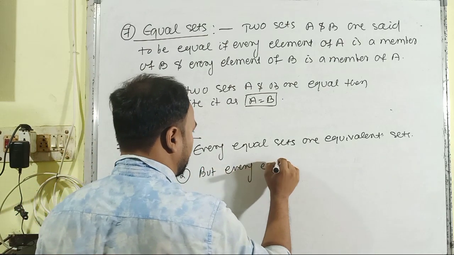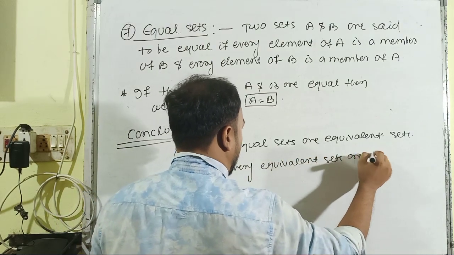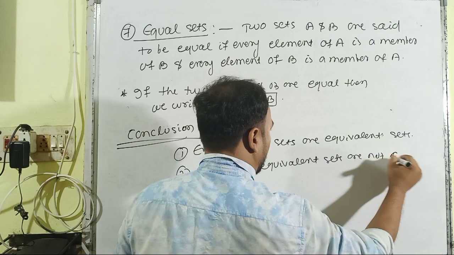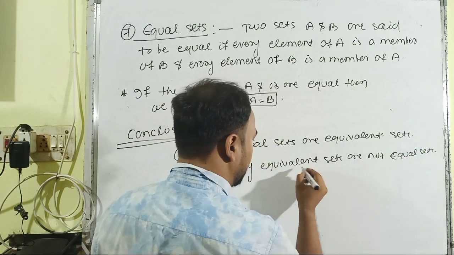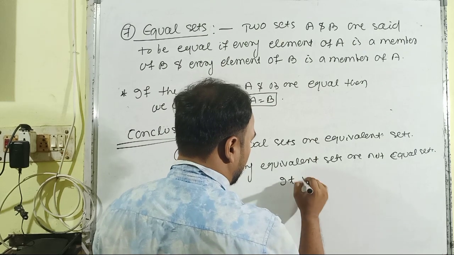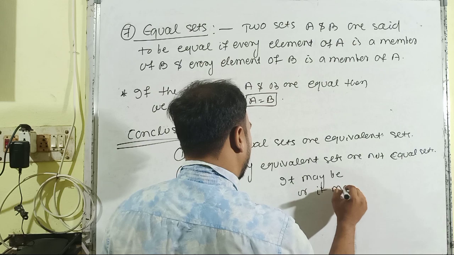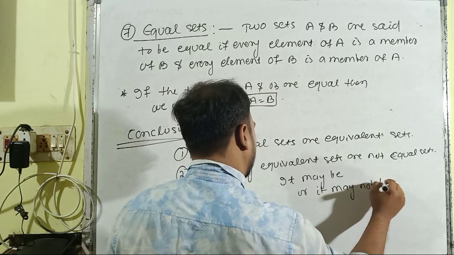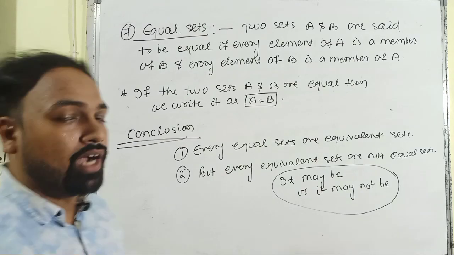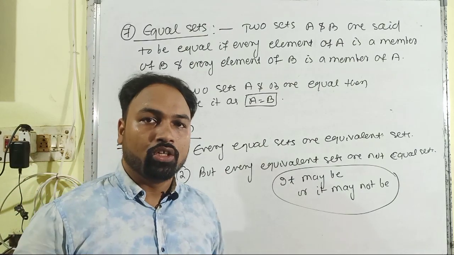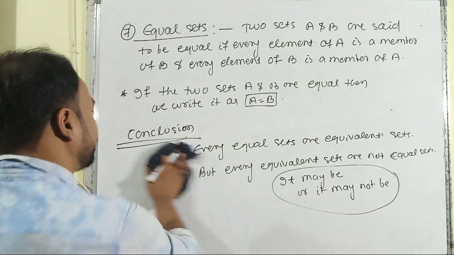Every equivalent set is not necessarily an equal set. It may be, or it may not be. So this is the final conclusion between equivalent sets and equal sets. Then let us solve some of the important problems based upon these types of sets.